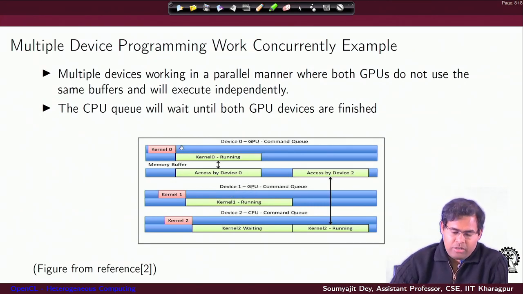So, as you can see, they are independent kernels, they can execute in parallel, and after they have executed, let us say that they copy the data to the memory buffer.